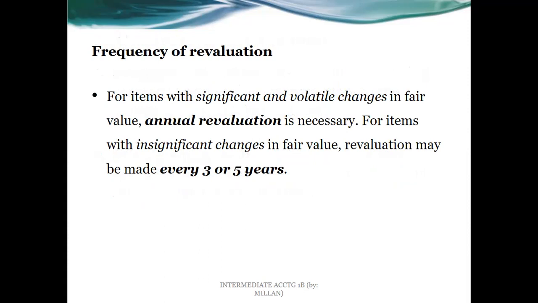For items with significant and volatile changes in fair value, it is necessary that we do the annual revaluation. But if there are insignificant changes in FV or fair value, we may do this every 3 or 5 years. This is based on PAS 16 or IAS 16 Property, Plant, and Equipment.